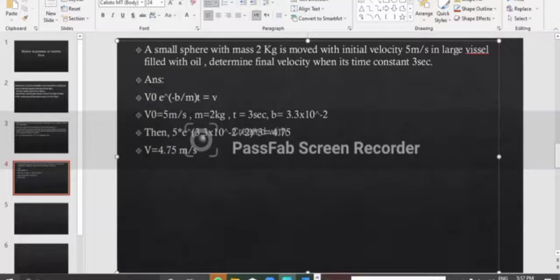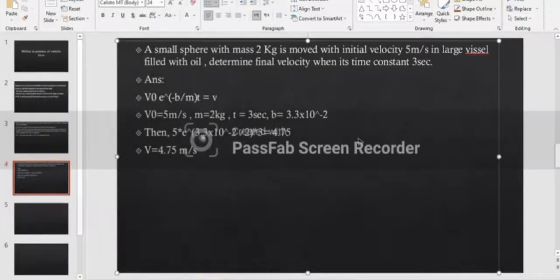In this example, the body moves in a large vessel filled with oil, so we can use model 1, which is for low speed: V equals V naught times e to the power negative b over m times t. This rule is used when the body moves with low speed.